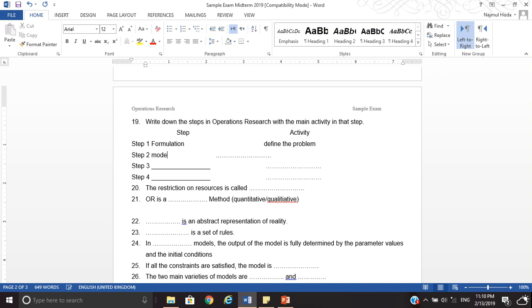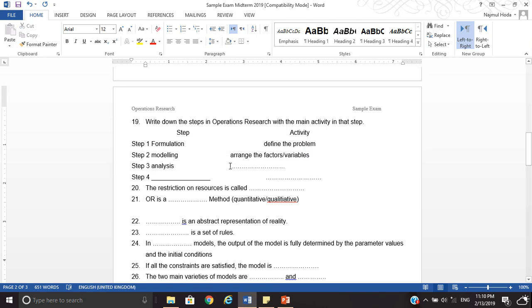Then the next is modeling. Modeling is to arrange the factors or the variables. Then the third, analysis.